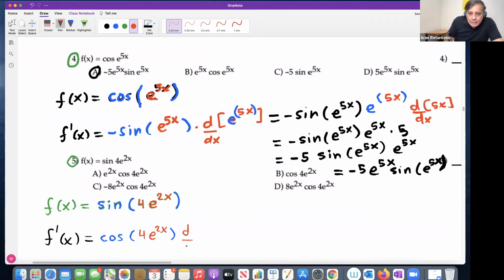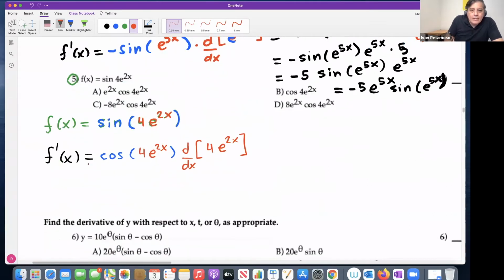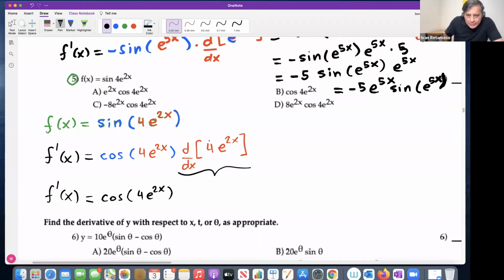So we're going to write this here: derivative with respect to x of this, 4 times e raised to twice x. Okay, the derivative of the function f should be cosine of 4e raised to 2x. This derivative, notice 4 is just a constant, comes out. So we are left with a derivative of this guy.